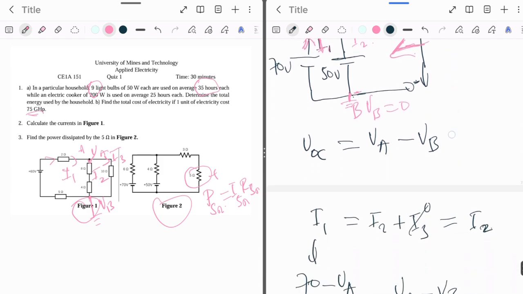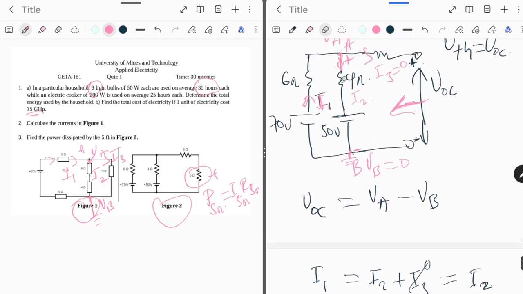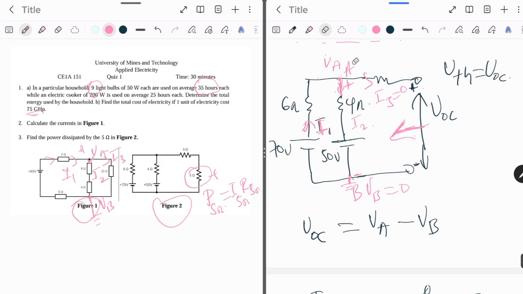But before that, you can see that we have another voltage here, which is 50 volts. Because the current is moving from VA up to VB, but VB is 0, before that we have another voltage, which is 50 volts.